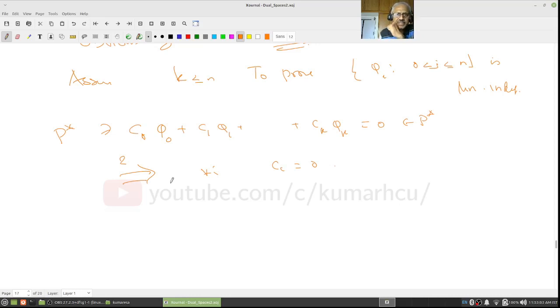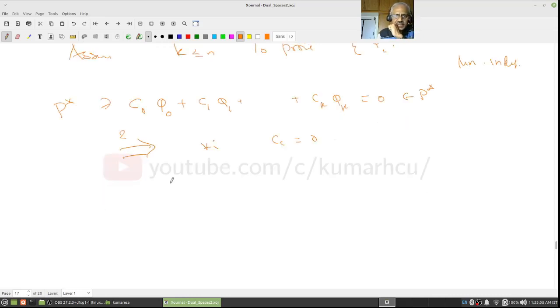So what is the trick? Call this sum phi. I want to operate phi on a polynomial p, and suppose for each i I choose a polynomial pi so that if I operate phi on pi I get ci. But phi is 0, that means ci will be 0. What do I mean? I want to prove each ci is 0.